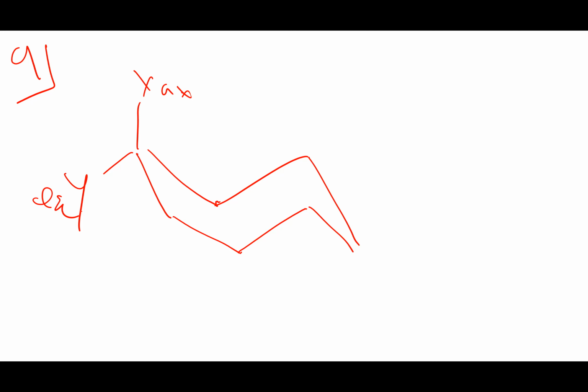Then it wants us to label all positions that are gauche to the Y carbon on 1.